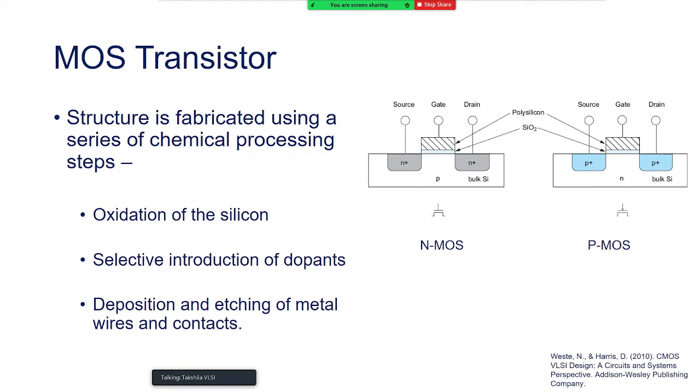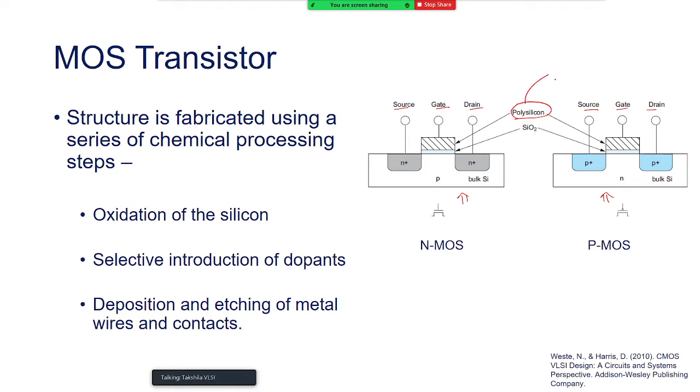So let us understand how these two structures basically work. Just revise one more time. We know that it has three terminals: source, gate, drain. We know that the metal is nowadays replaced by polysilicon.